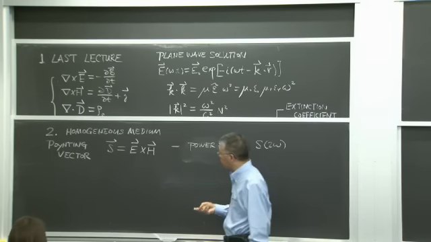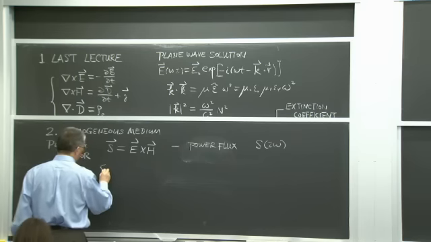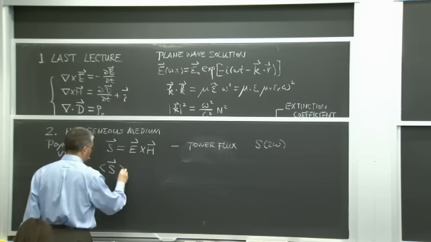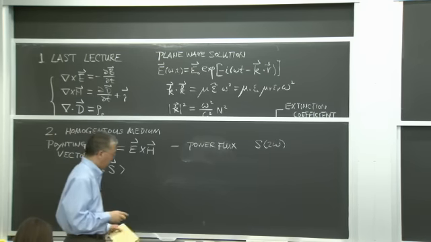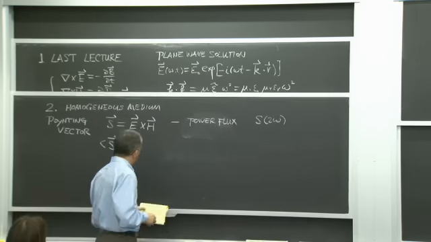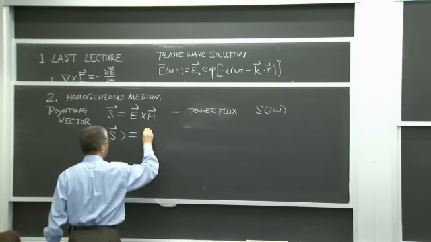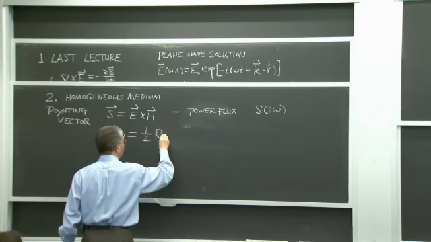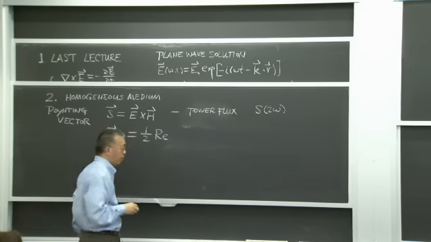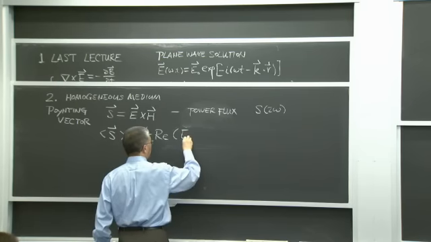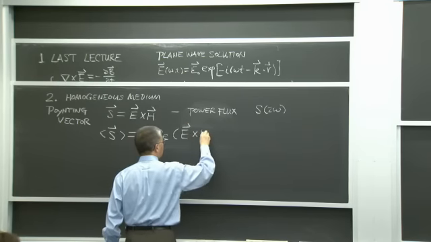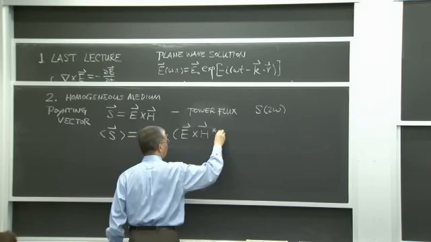So if you go to do your time average, and no proof, but it's much easier if you calculate this way. It's equivalent: E cross H complex conjugate.